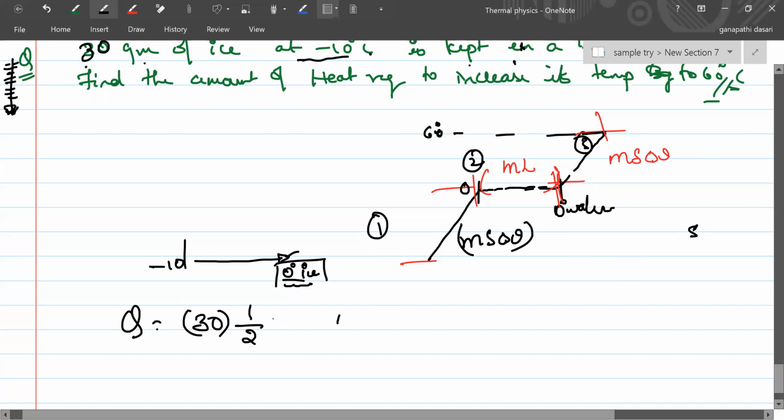Delta theta is how much? Final is 0, initial is minus 10, so 0 minus minus 10, that is 10. So 30 into half into 10, plus 30 into L.